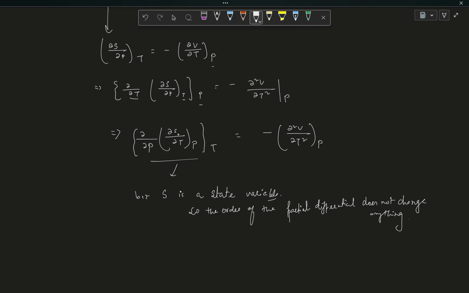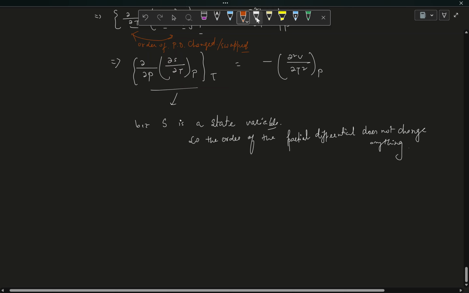Either you take the first derivative with respect to P at constant temperature and then take a derivative with respect to T at constant pressure, or first the derivative with respect to T at constant P and then on top of that a derivative with respect to P. So the order of partial differentiation can be changed or swapped.